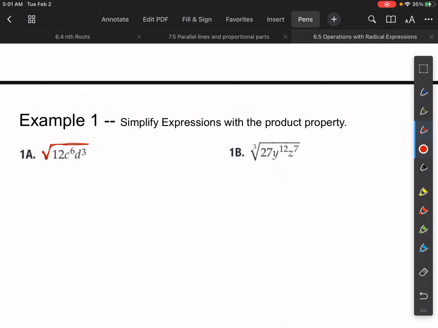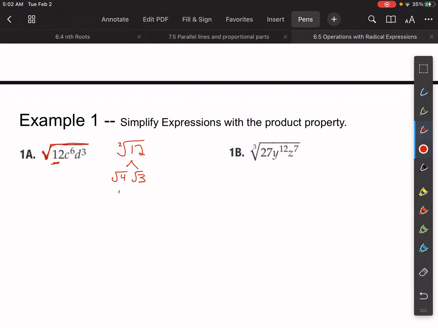So I want to write it in powers of 2 if I can. I can break this 12 up into pieces. If we have the square root of 12, that's the same thing as the square root of 4 times the square root of 3. Since this is the second root, I want nice perfect squares.